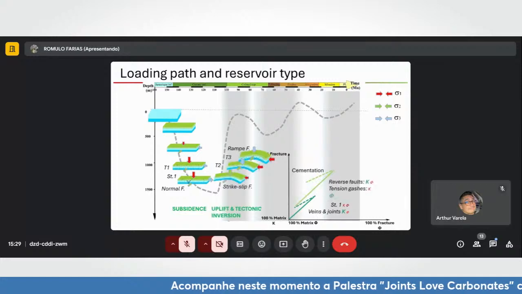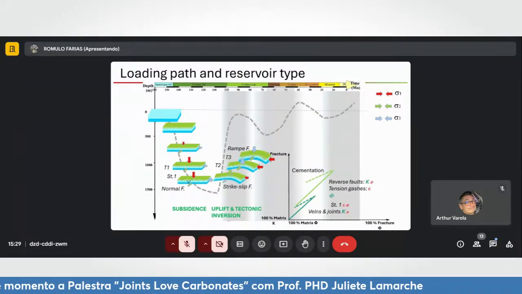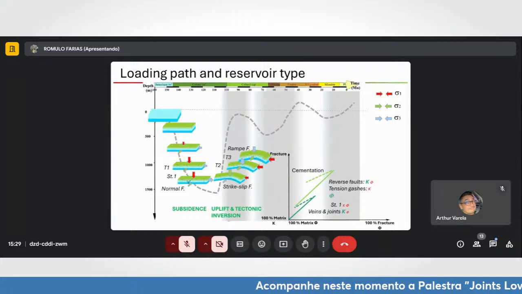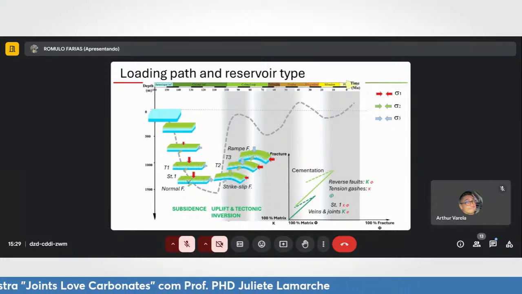And at the next step, we start the folding. So we start to have some strike slip faults, other veins due to folding, and some ramps. So we have more fractures and faults, so the permeability and porosity increase again. But then we have diagenesis in the fractures, so the porosity decreases, permeability also, but not to 0.